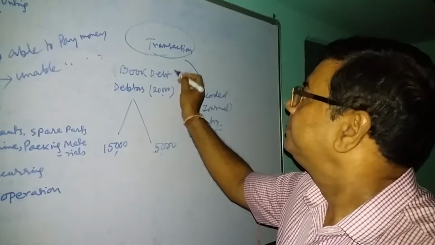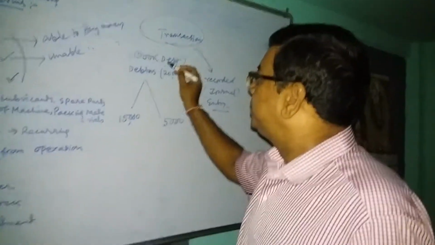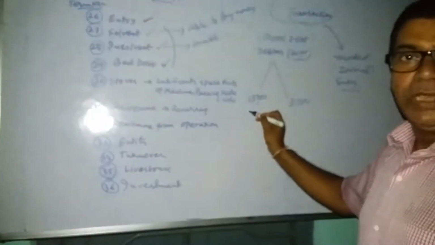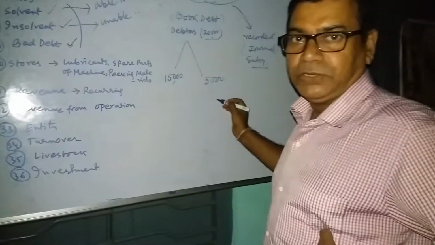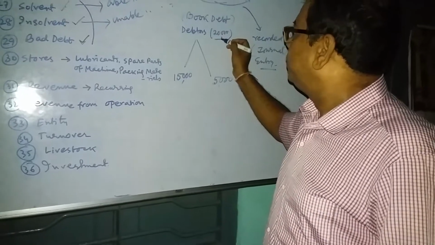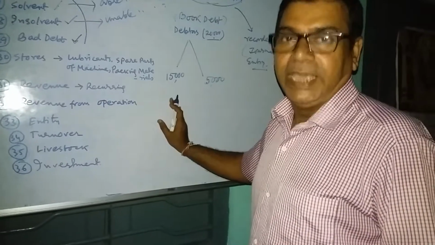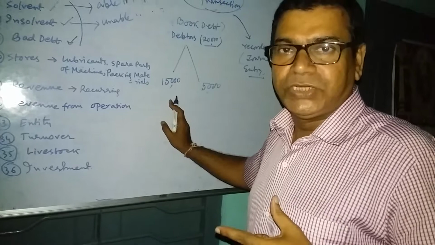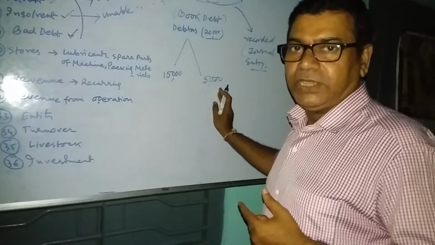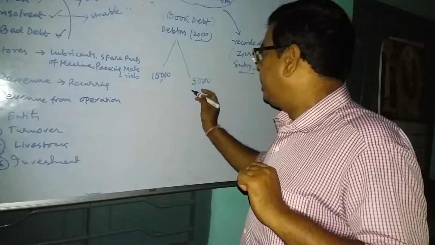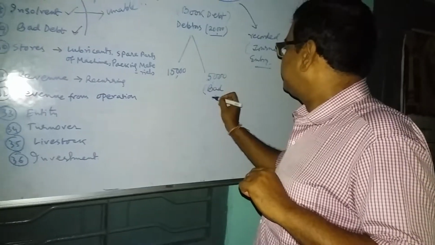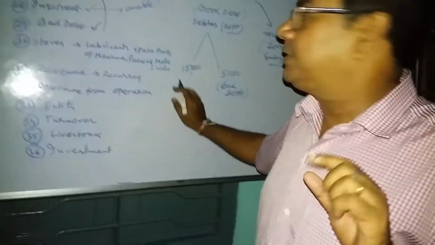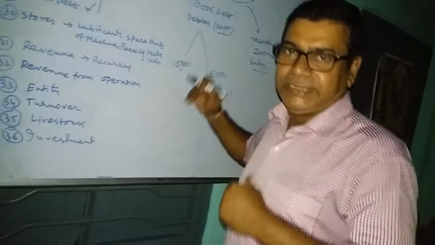Book debt. ठीक है? बुक डेप्ट कितना था? 20,000. मिला कितना? 15,000. कितना नहीं मिला? 5,000. तो बुक डेप्ट 20,000 में से जो पार्ट मिल गया, that I can assume as the good debt. मिल गया, अच्छा है, तो good debt. और जो नहीं मिला, मिलेगा नहीं और कभी निश्चित हो चुका है कि नहीं मिलेगा, that is called the bad debt. This term is used for this, but there is no term at all for the good debt because it is a money receipt, cash receipt.